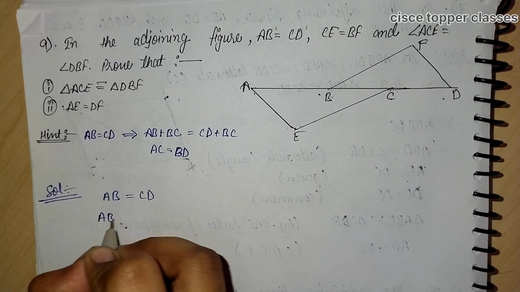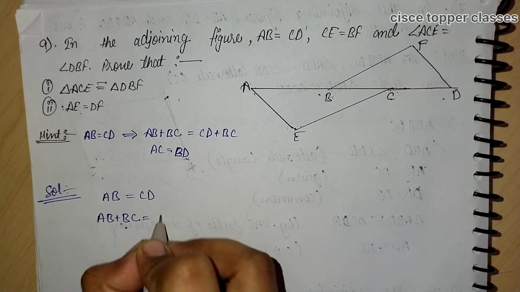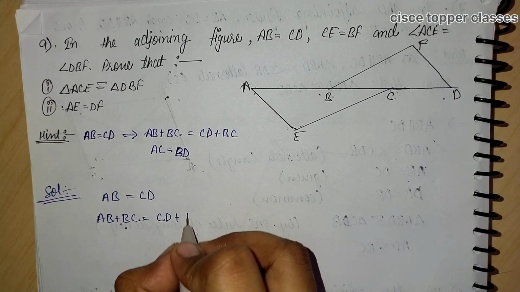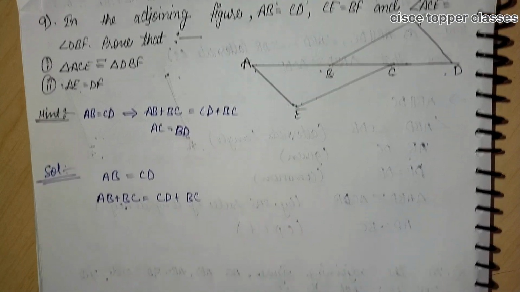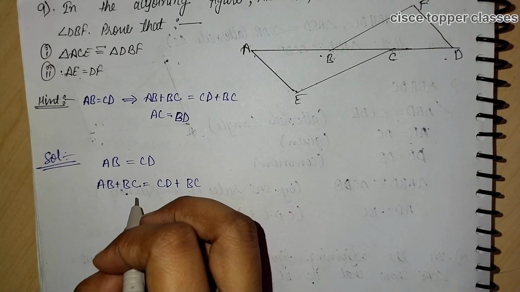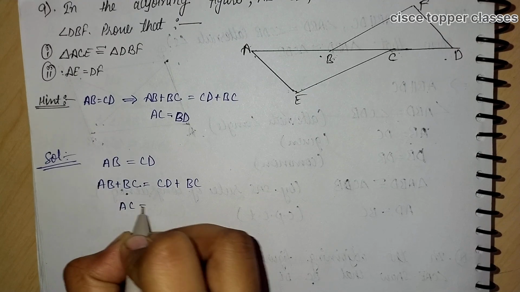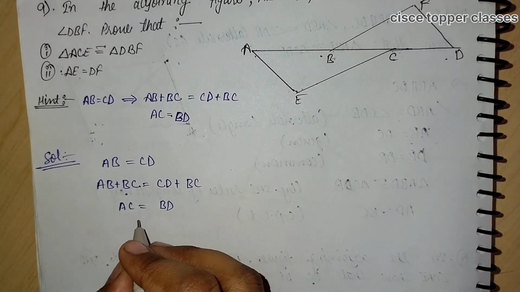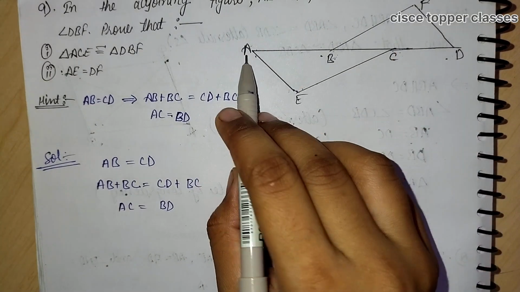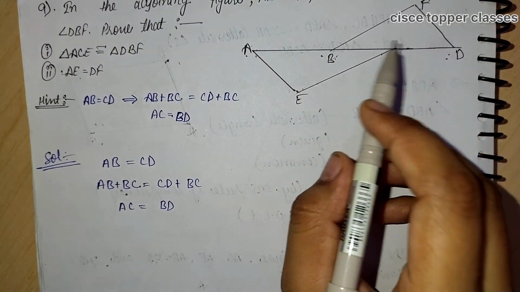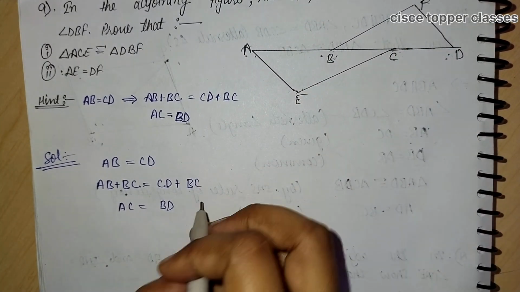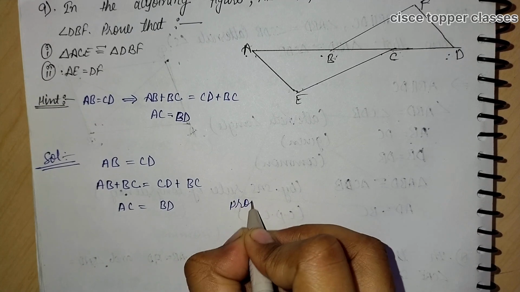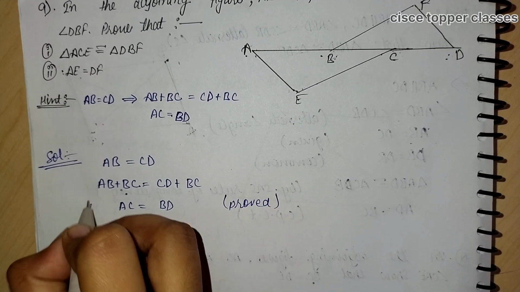So AB plus BC equal to CD plus BC. So we can simply write here AC and BD, according to the hint also which is given here. So from here we have proved that AC is equal to BD, the first part.